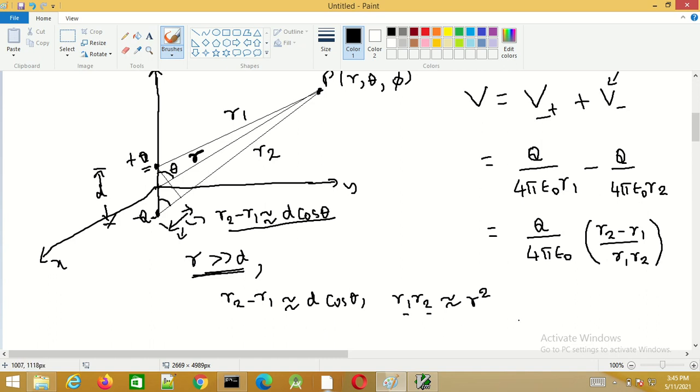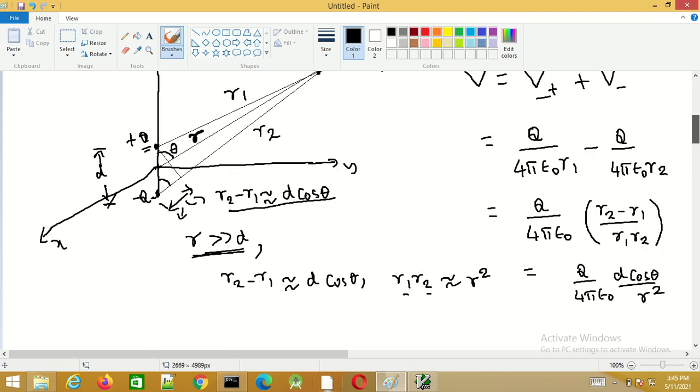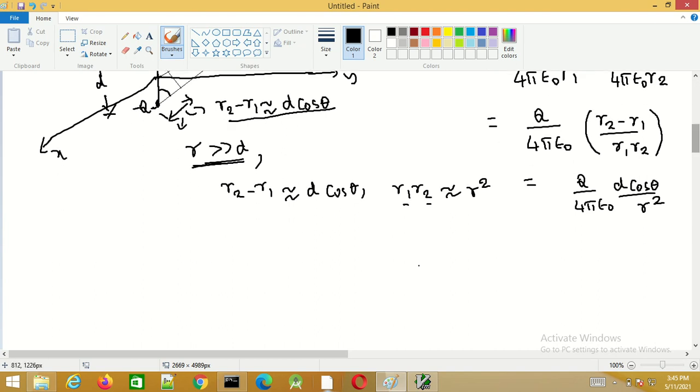By substituting these two, we can obtain the potential as Q by 4 pi epsilon naught times d cos theta by r square. So this is the potential at P due to the dipole.